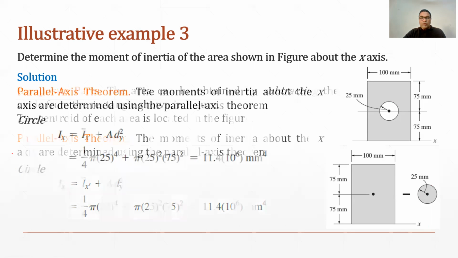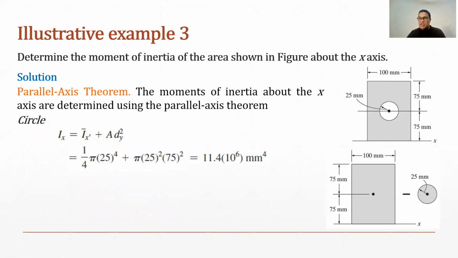Now we will find out moment of inertia of the rectangle about the base. And as you can see in example 1, I have calculated moment of inertia of rectangle about its base, which was bh cube by 3. So we can use that value here also.